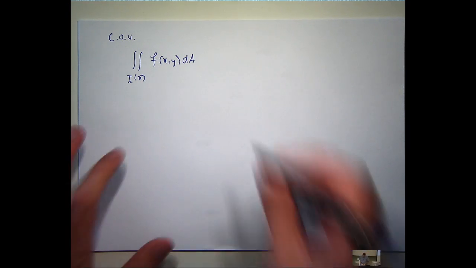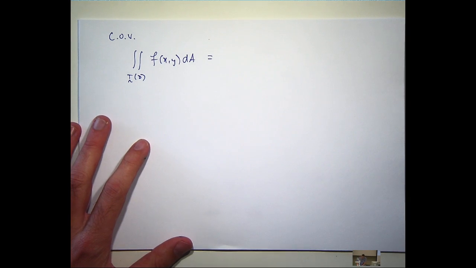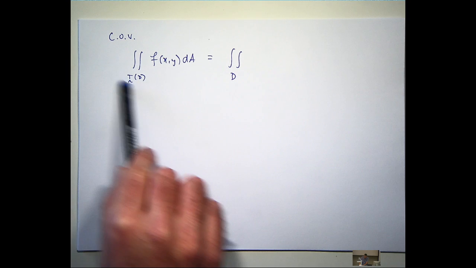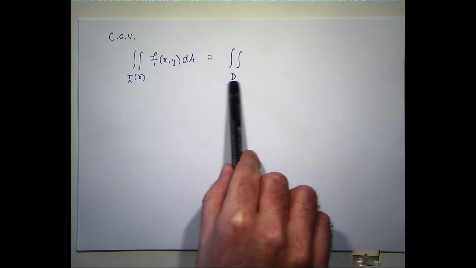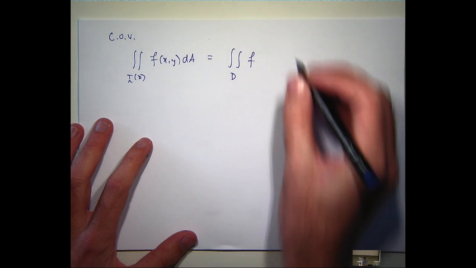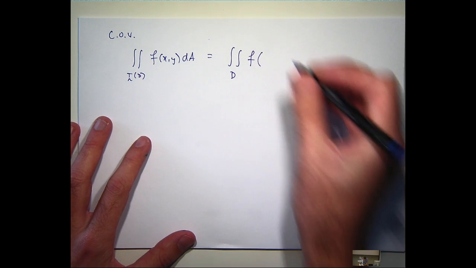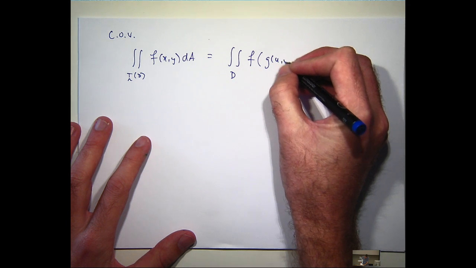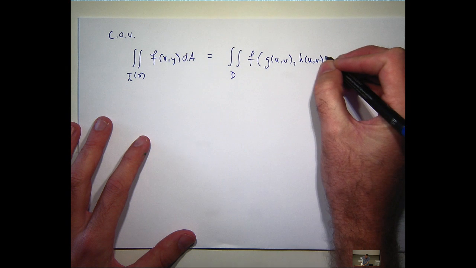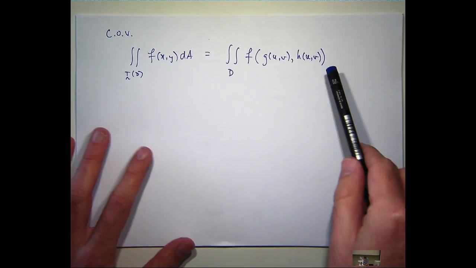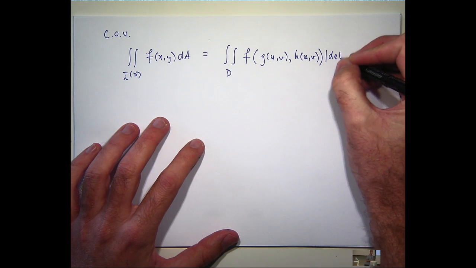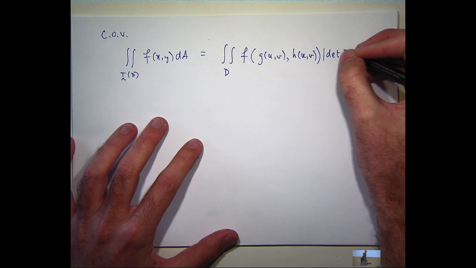Now, under the change of variables formula, instead of integrating over this potentially difficult region, you just look at this set D. You make a substitution for the x and y variables, say in terms of u and v, and you adjust the integrand by throwing in this determinant of the Jacobian.